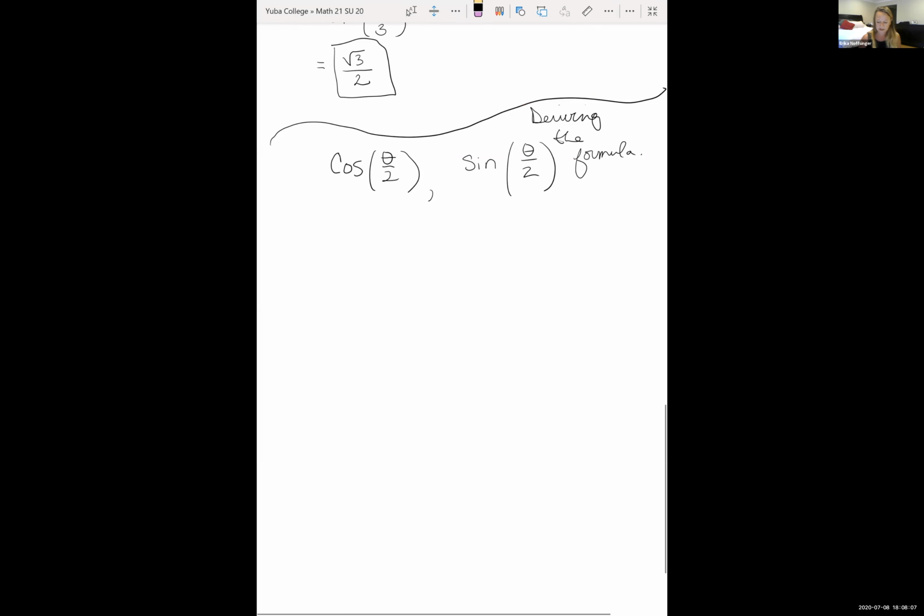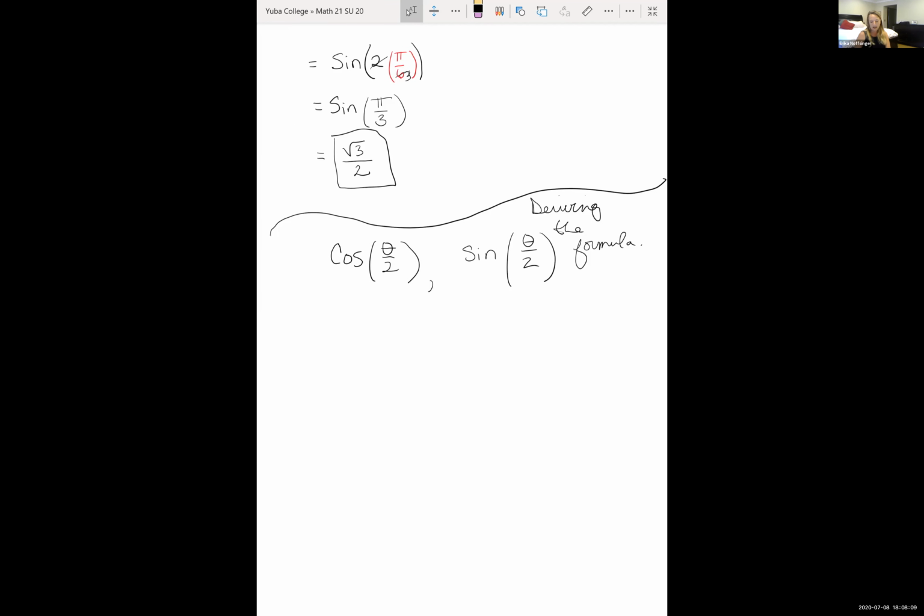So we're going to rewrite cosine of 2 theta in terms of one of our identities. We're going to use two of them. For one, we're going to use it with the cosine squared theta. And that one was 2 cosine squared theta minus 1.